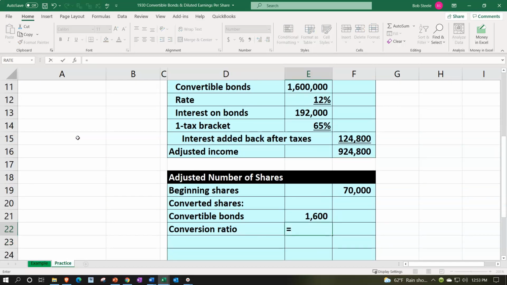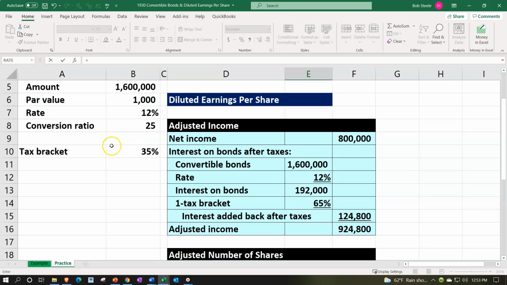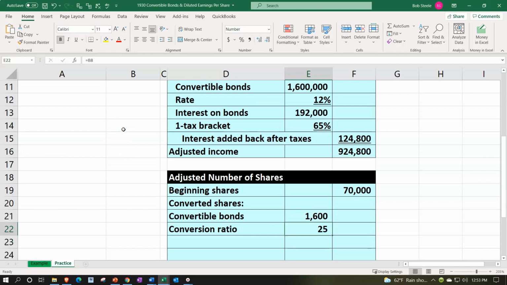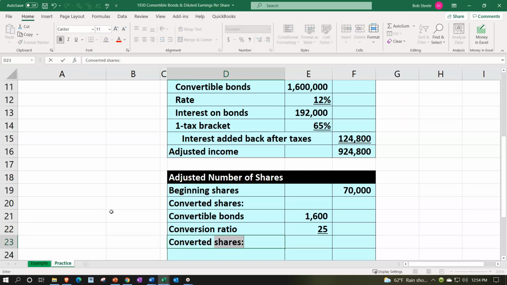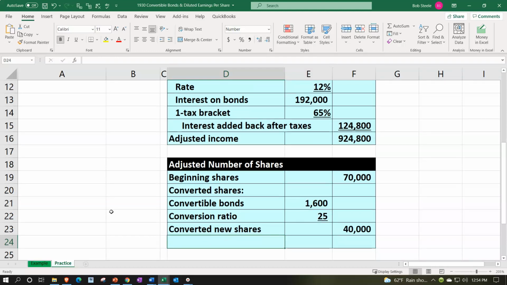So that 1,600 could each be converted, those are all the bonds, to 25 shares each of stock, resulting in, font group, underlining, the converted new shares, let's call them, of the 1,600 times the 25, and that would give us 40,000 new shares that would be out there.